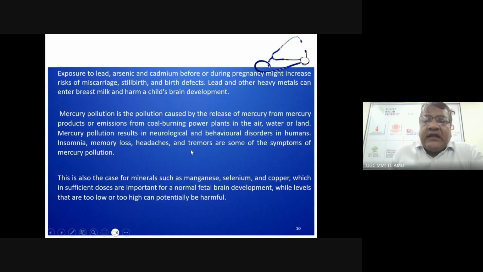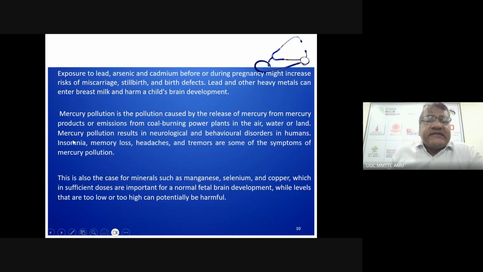So mercury pollution results in neurological and behavioral disorder in humans. Neurological in the form of insomnia, means disturbed sleep, loss of sleep, memory loss, headache. Headache is pain in the head, and tremor. Tremors are abnormal fine movements over the limbs or the fingers. These are some of the symptoms of the mercury pollution.